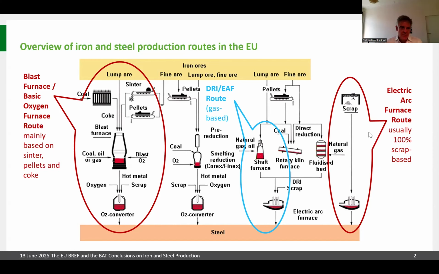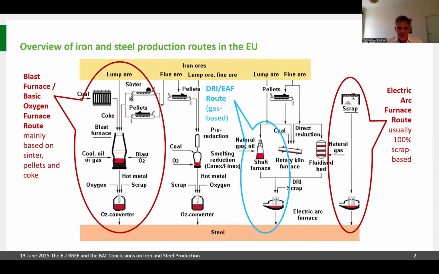So this is worldwide the dominating production route. On the right-hand side, you see the electric arc furnace route, which usually is based on 100% scrap. And these are the two main routes that are operated in the EU, and hence also the routes that are actually reflected in the BREF.